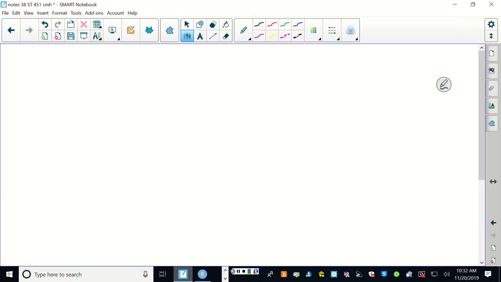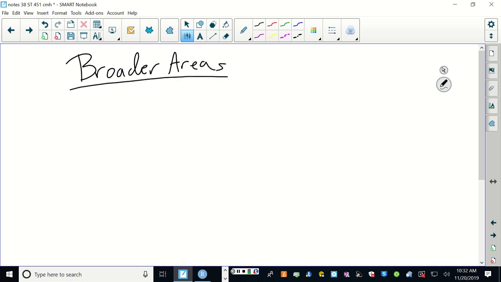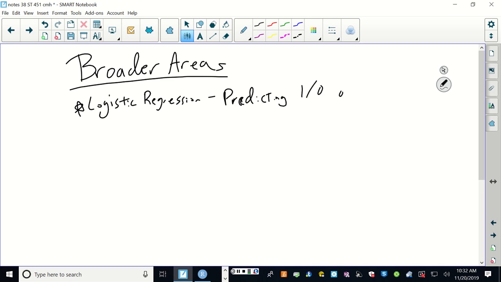So anyway, what I wanted to mention is this business with tables. Really, as you go on, it touches on broader areas. What we're going to do on Friday, and then after break for at least a day, is logistic regression, which is adjusted models for predicting a 1-0 outcome based on X variables.